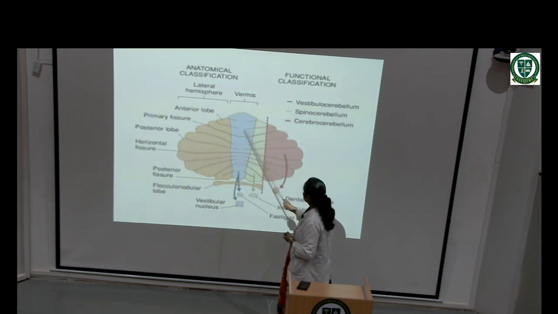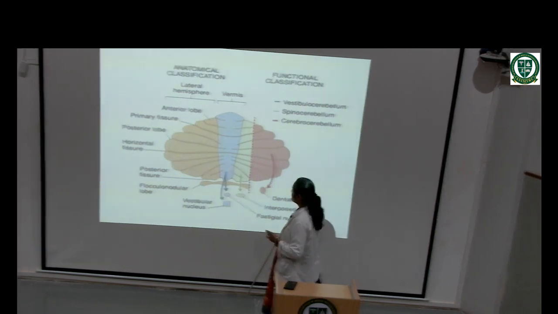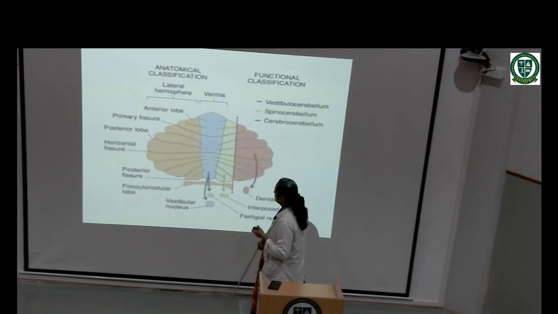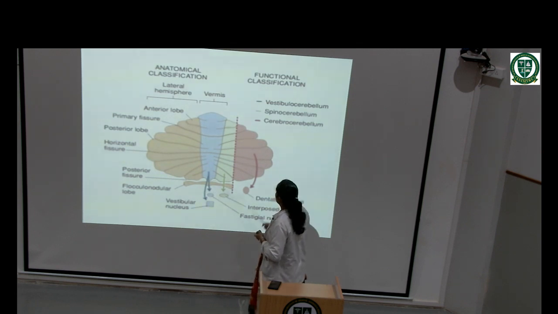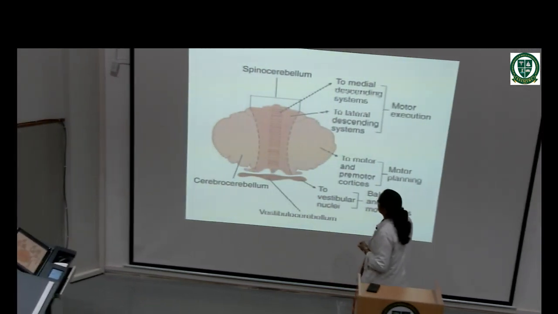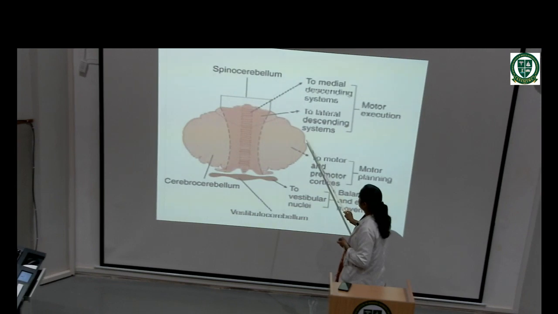So both the median and the paramedian zone together are responsible for maintaining the balance, equilibrium, tone and movements of both the axial and the peripheral muscles and limbs. Whereas the cerebral zone or the hemispherical zone or lateral zones are concerned with the skilled movements and they connect with what is called the dentate nucleus. So you can see a summary here.